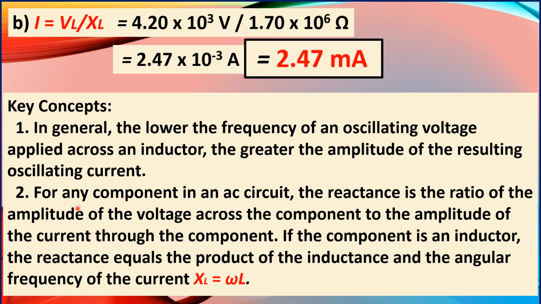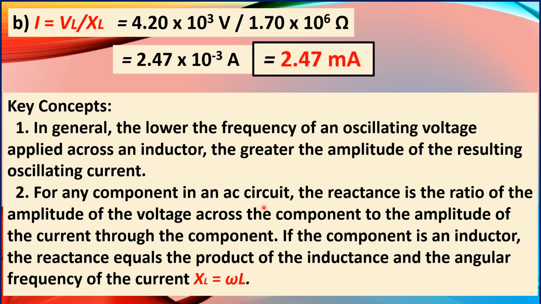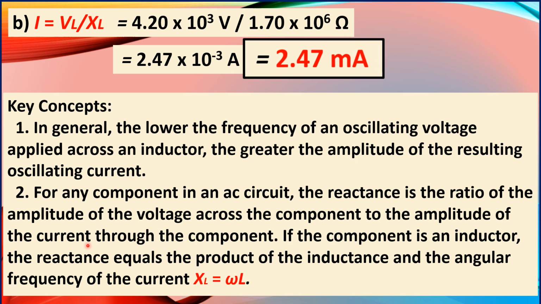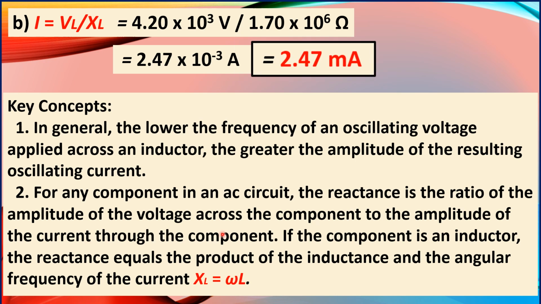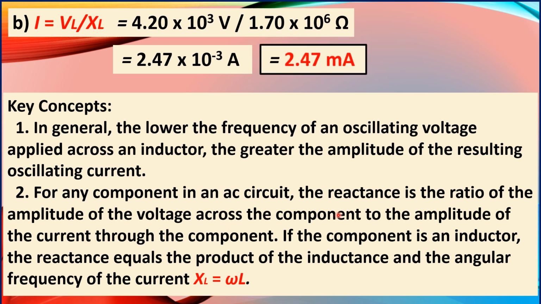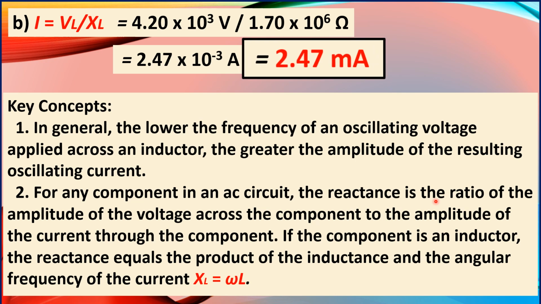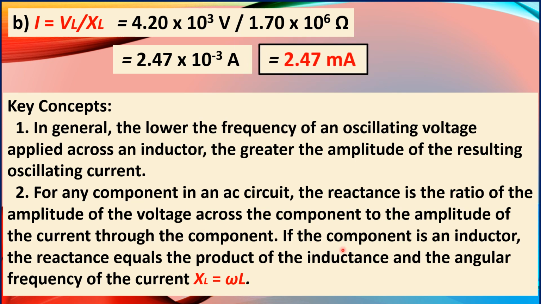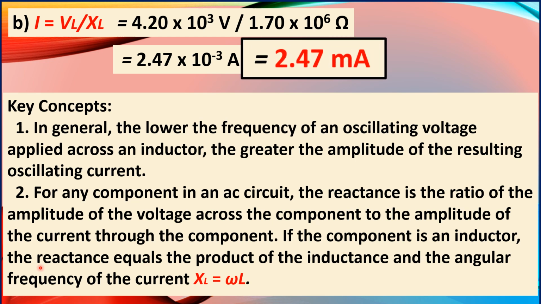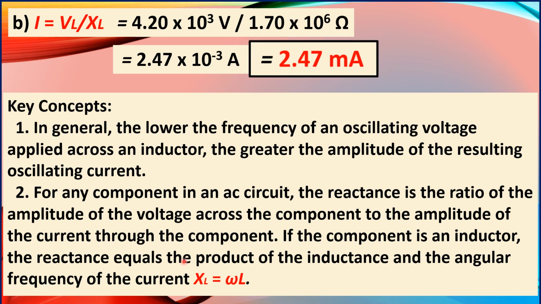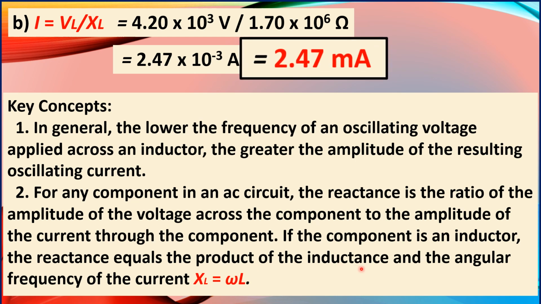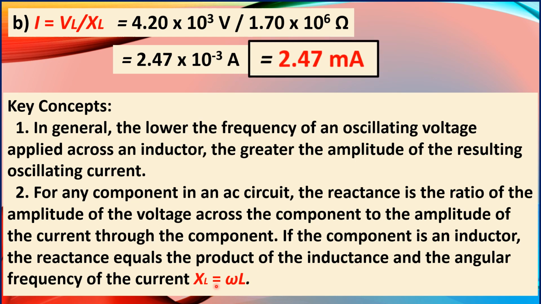Okay? Number two, for any component in an AC circuit, the reactance is the ratio of the amplitude of the voltage across the component to the amplitude of the current through the component. If the component is an inductor, the reactance equals the product of the inductance and the angular frequency of the current.